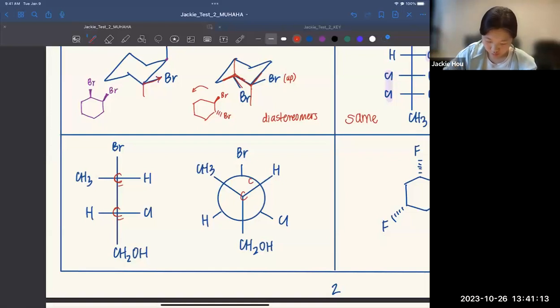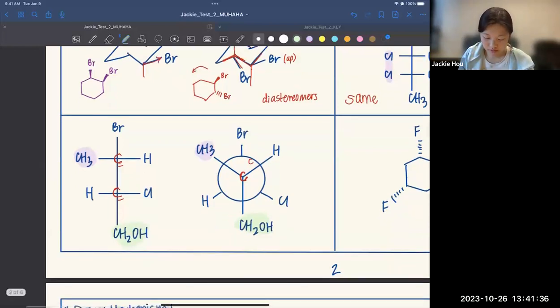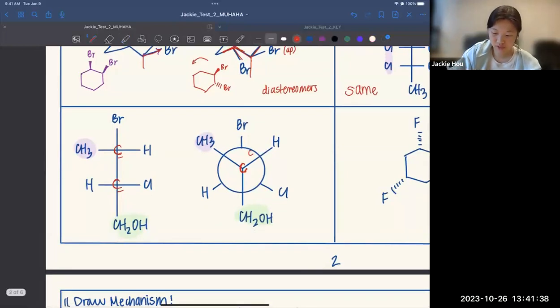So this carbon group in the front, I notice automatically that I have a methyl and an alcohol over here, whereas in this group, I have the methyl over here and the alcohol group over here. So they're attached to two different carbons on the Fischer structure versus in the Newman structure where they're actually attached to the same carbon. So these would be considered constitutional isomers.